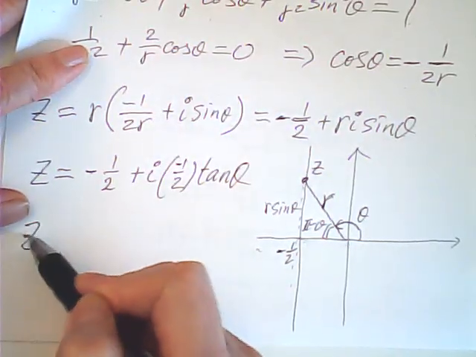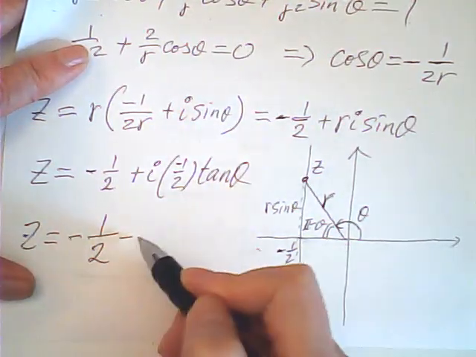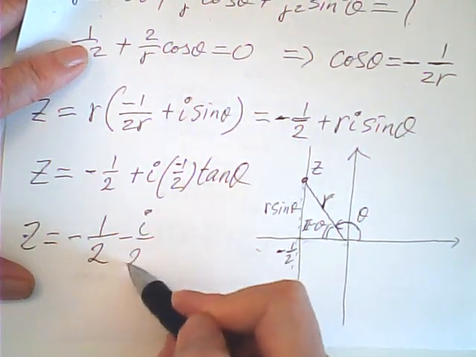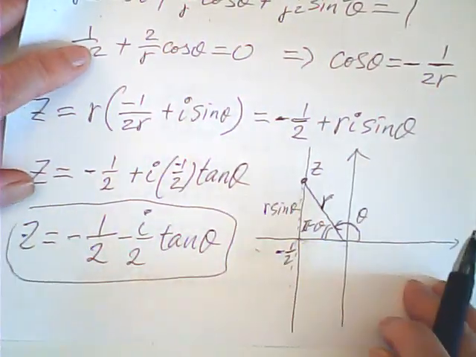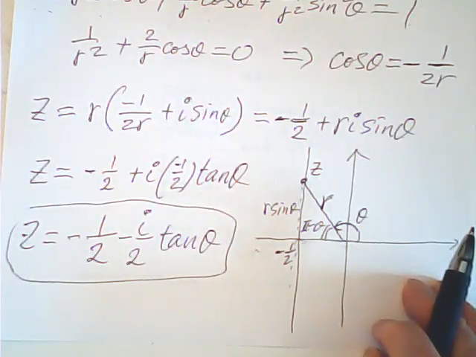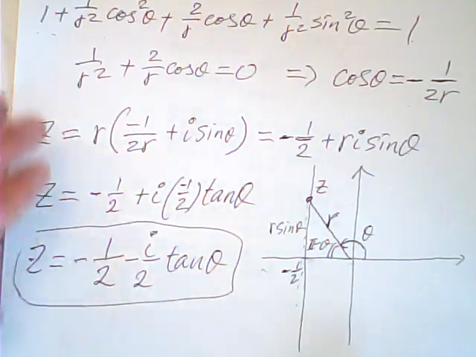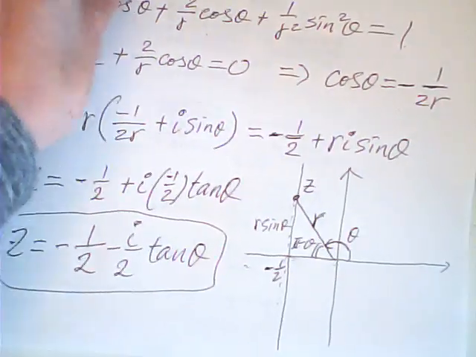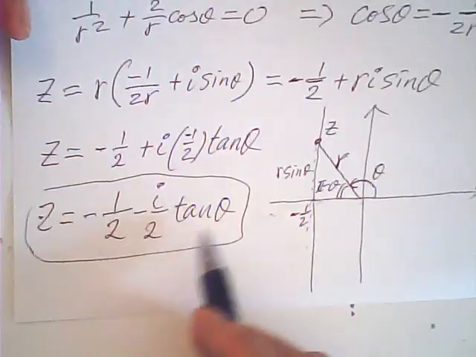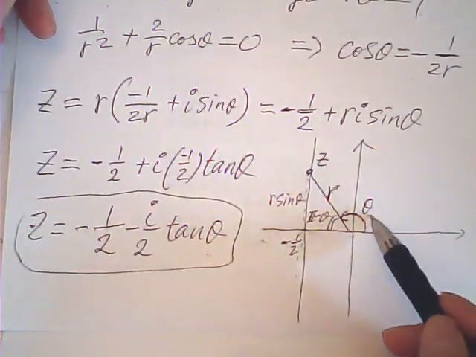So in other words, we find that z is this, minus i over 2 tangent theta. Okay. All right. Well, now it's not finished yet because we haven't finished the imaginary part. Theta is the argument for z.